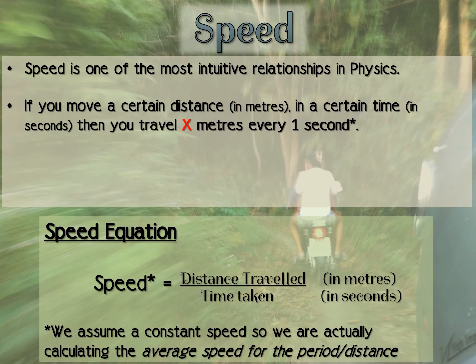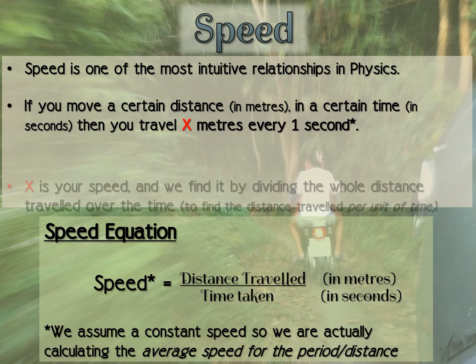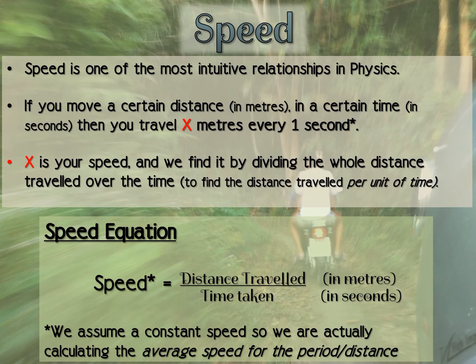So what happens? If you move a certain distance, which we measure in meters, the SI unit of distance, and it takes a certain time, which we would measure in seconds, then you are going to travel x meters every 1 second. And so we call x your speed, and we find it by dividing the whole distance over the time that you took to travel it.